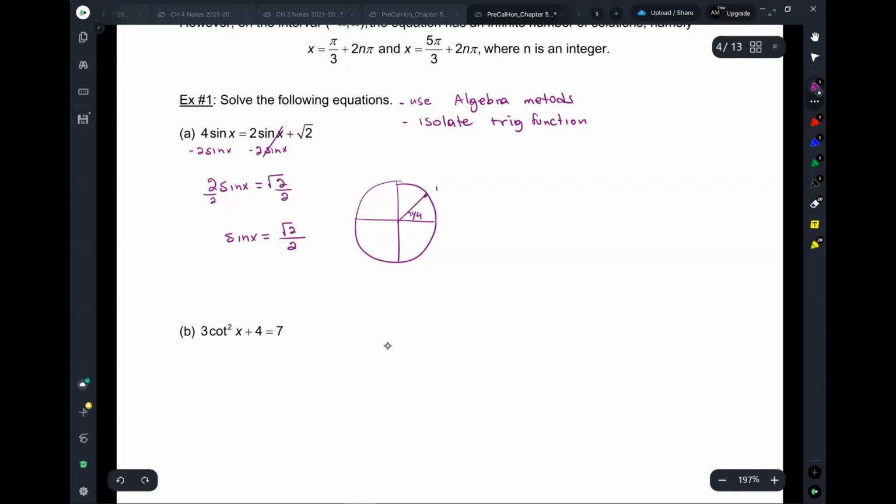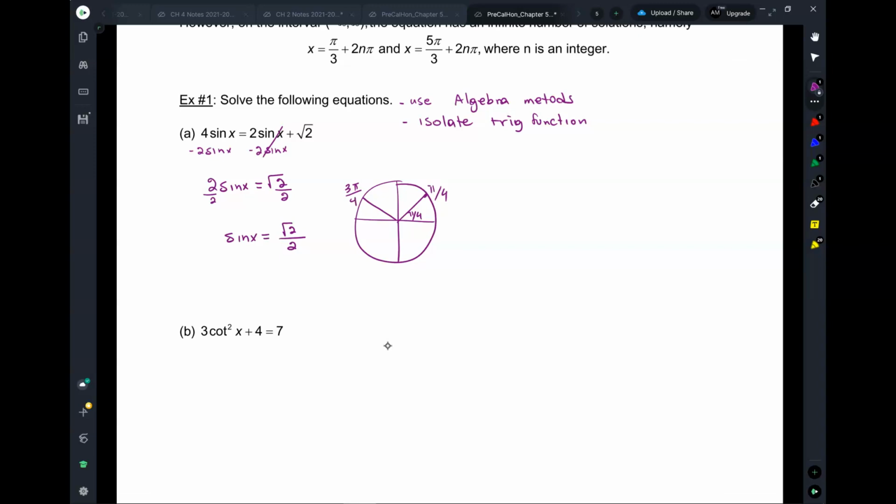Pi over 4. But how many quadrants are there where sine gives you a positive value? 2. This one and this one. And if it's pi over 4 there, over here, it's 3 pi over 4.